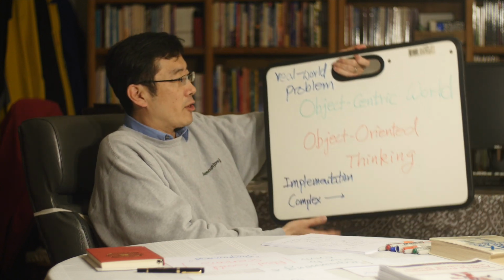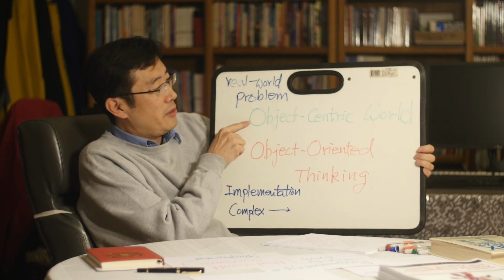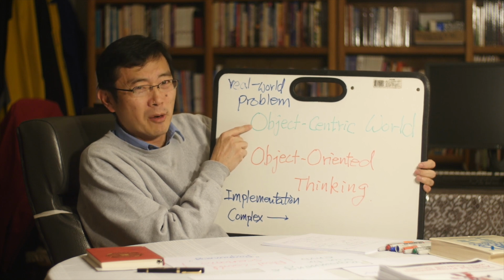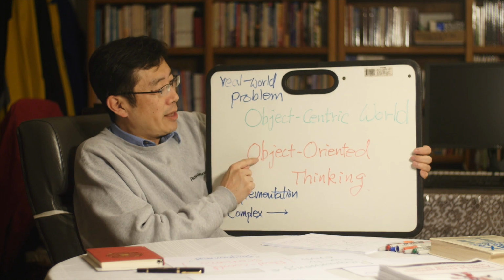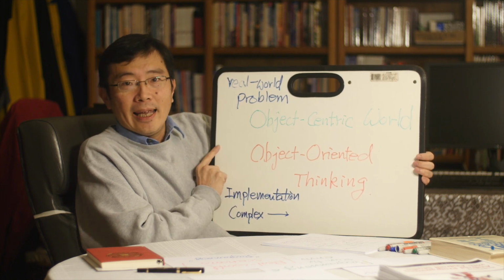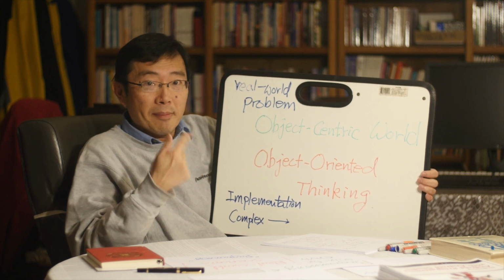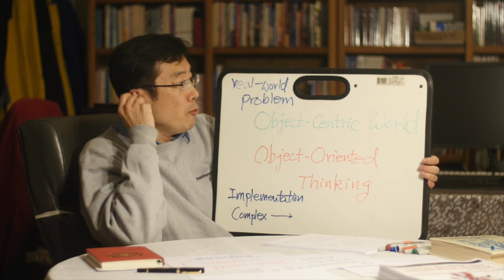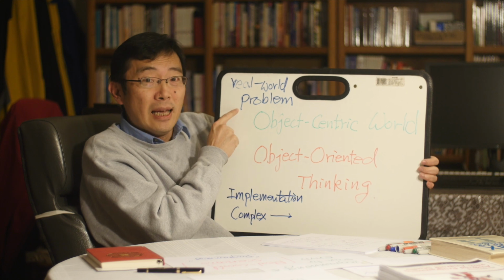Let me very quickly summarize what I was talking about. This quarter, we're going to think differently, moving from the traditional, very complicated world to what we call the object-centric world. We try to develop a skill set for you to think internally about design and about software, which is what I call object-oriented thinking. How we do that is we try to solve a real-world problem, which is typically very complicated.